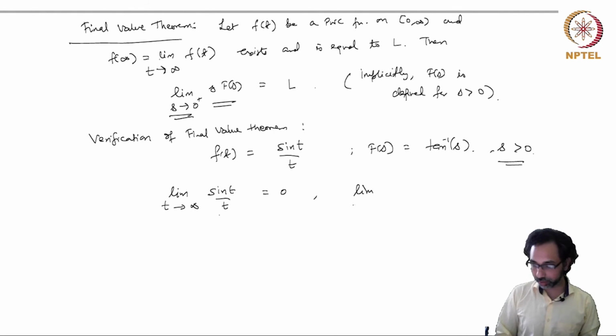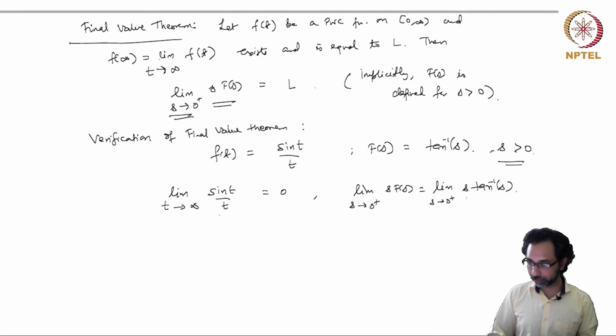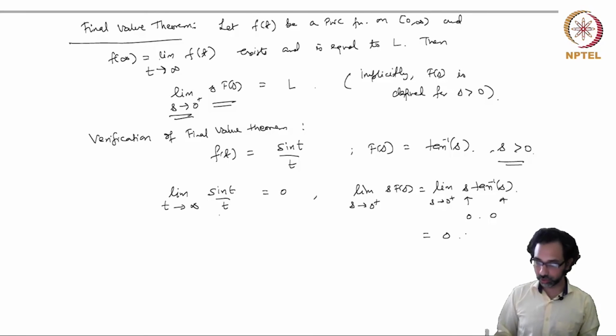And when the limit is taken for s tends to 0 of sF(s), this is the limit as s tends to 0 plus of s tan inverse of 1 over s, but both limits exist at 0, so this is just 0 times 0, so this is also 0. So we can see that the final value theorem holds.